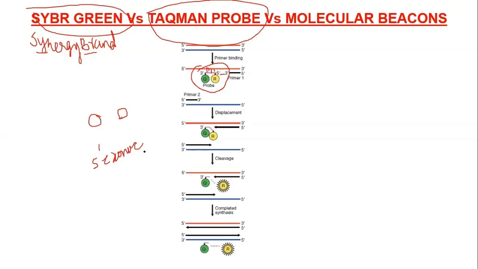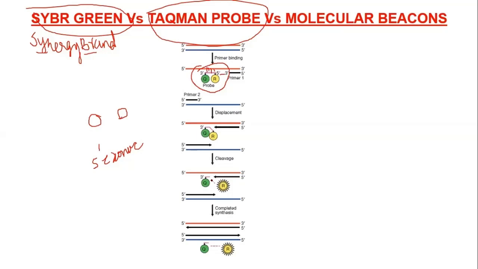It chops off the phosphodiester bond in the 5' end and it gets cleaved. The reporter gets cleaved from the quencher because the attached DNA molecules are being chewed off. So it is being fragmented. So your quencher and the reporter are very far apart. When they are far away, the reporter's fluorescence can be easily detected by the fluorometer present in the real-time PCR machine.